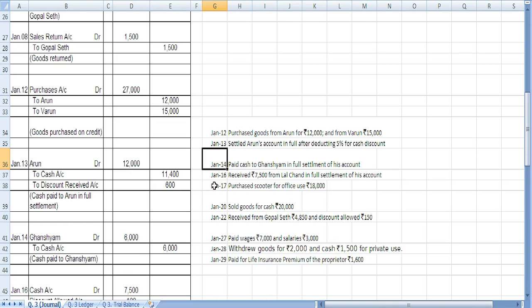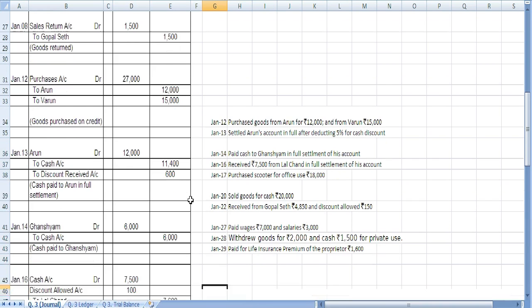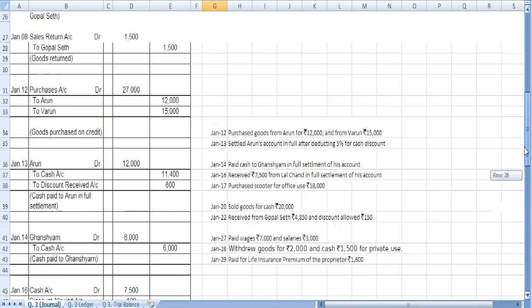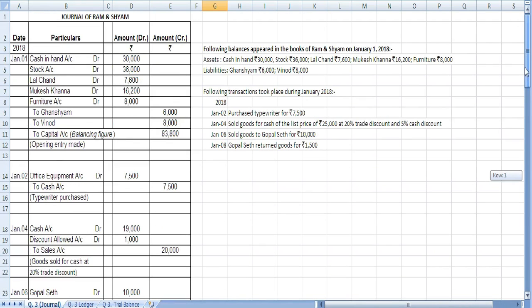Okay, now we have January 16. We have received 7,500 from Lal Chand in full, settlement of his account. Now Lal Chand was the debtor. If we go and see how much we were supposed to receive from Lal Chand, it was 7,600.